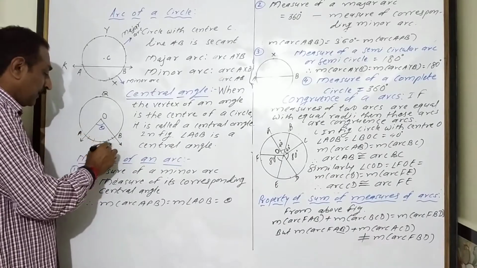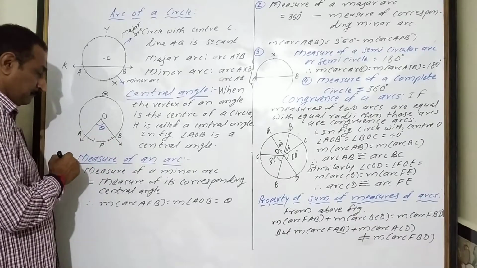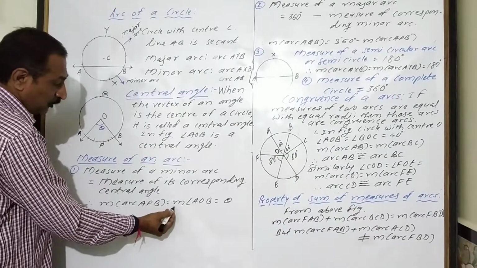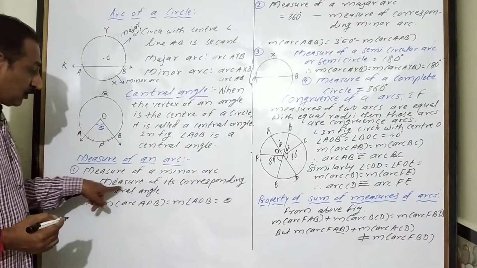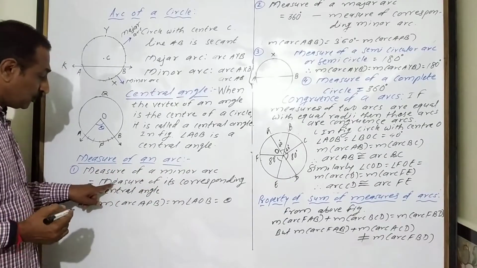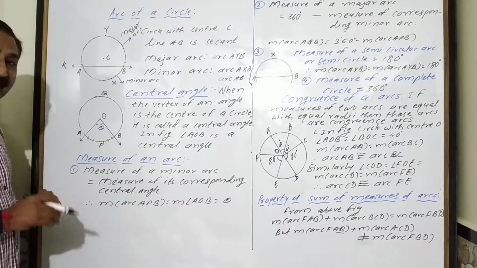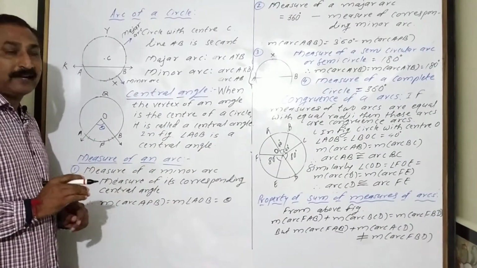Means measure of arc APB is equal to measure of angle AOB, which is theta. Definition: the measure of a minor arc is equal to the measure of its corresponding central angle, or the measure of a central angle is equal to the measure of the corresponding minor arc.